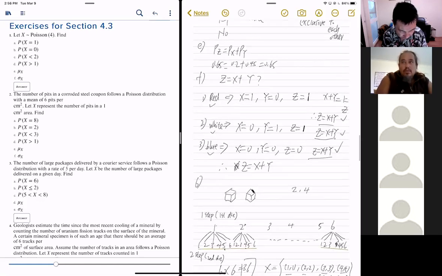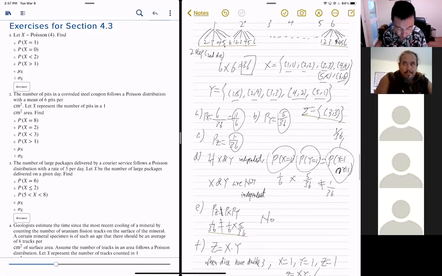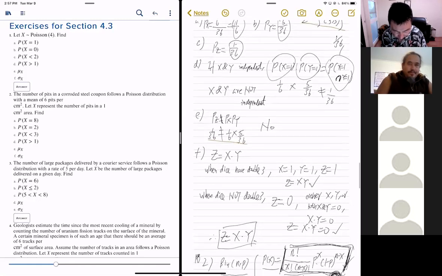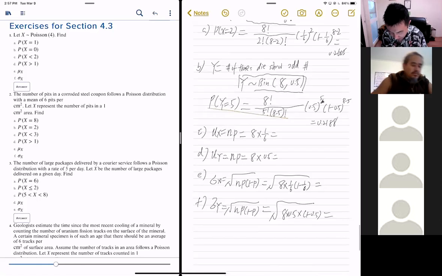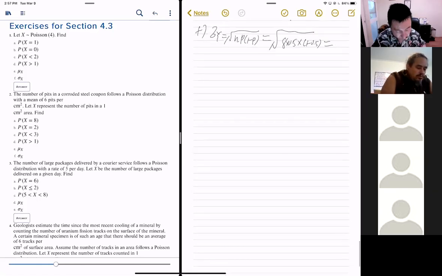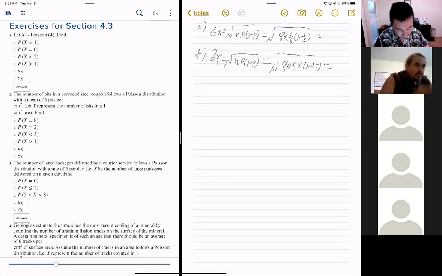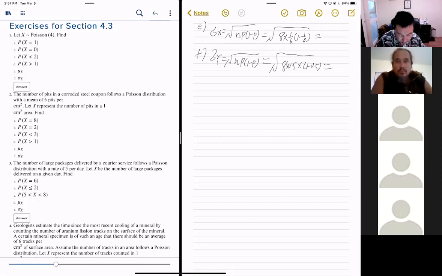The number of pits in a corroded steel coupon follows a Poisson distribution with a mean of 6 pits per square centimeter. And x is the number of pits in 1 square centimeter area. So it follows a Poisson distribution.